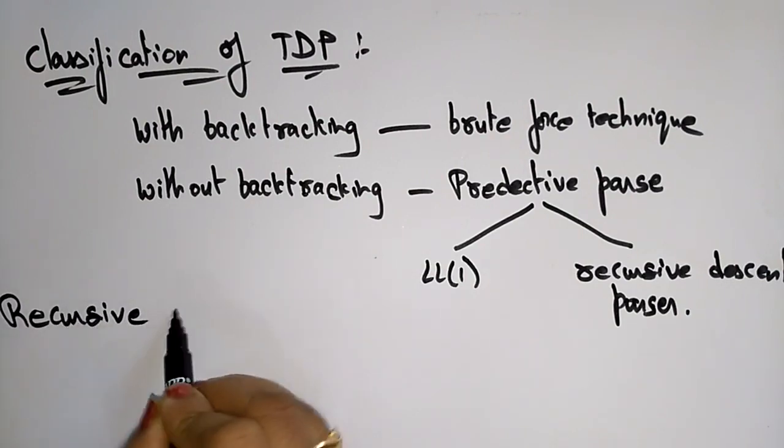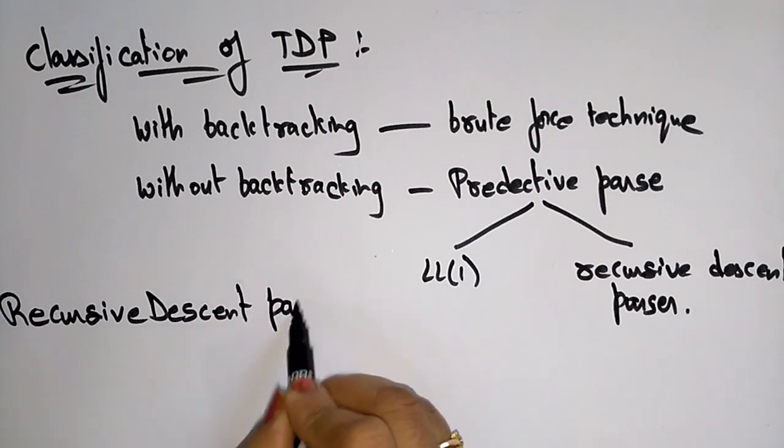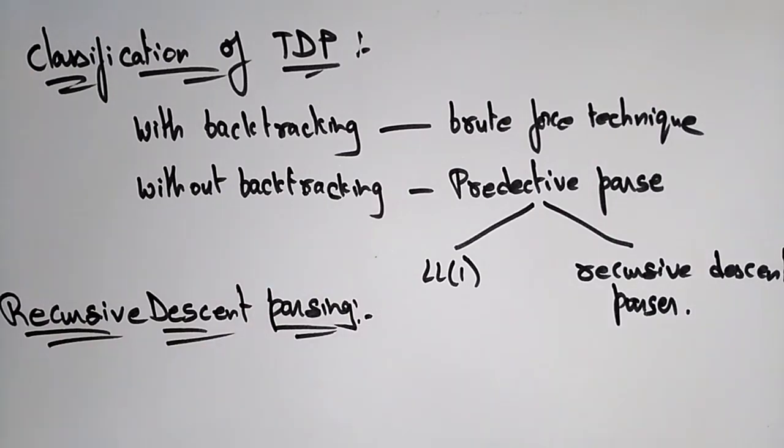Recursive descent parsing. So what is recursive descent parsing? Actually, under this recursive descent technique, the parser is constructed from top to down.